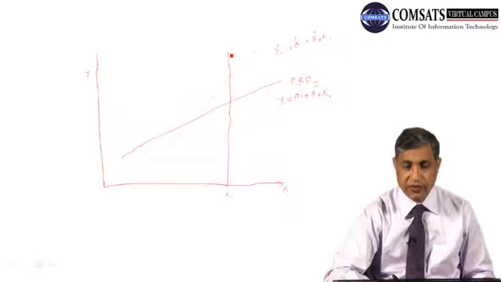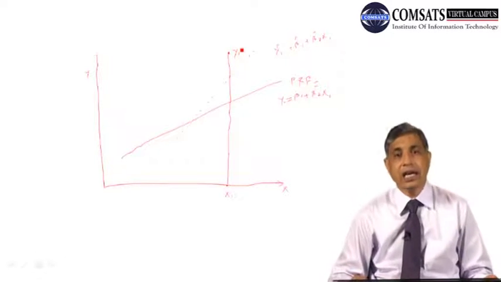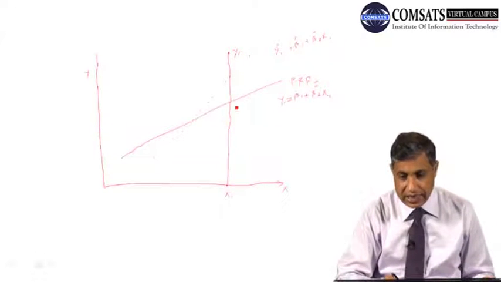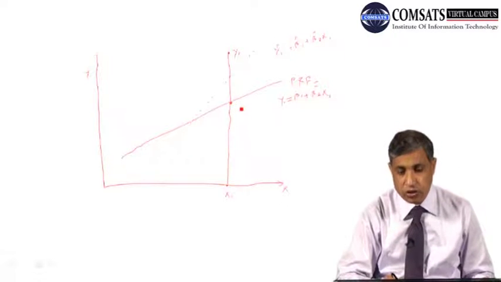Suppose there was one value that was yi. This was our original, or the observed y. Out of this yi, this point on the population regression function is the expected value of y given xi.